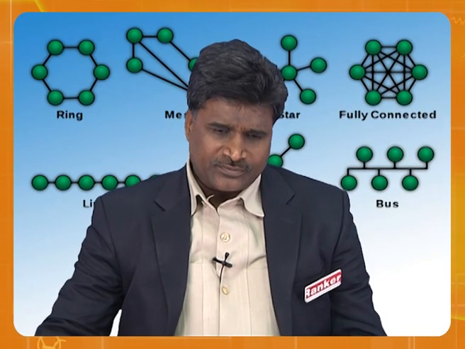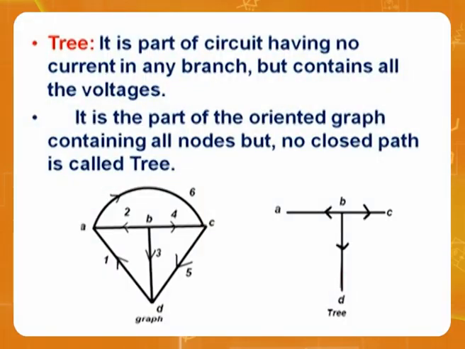Tree. It is a part of a circuit having no current in any branch but containing all the nodes. So look at this graph. Tree means basically, look at the physical tree that we see every day. In a tree, you will have branches; they will not be connected, they just go.